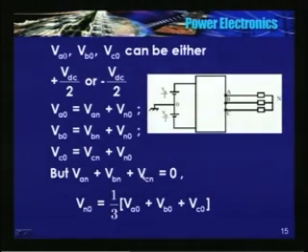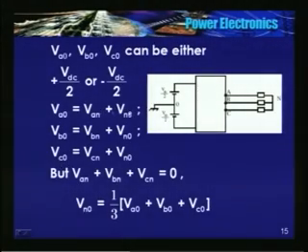So now I found an expression for VNO in terms of VAO, VBO and VCO. So I substitute this value in these equations, and I can get expressions for VAN, VBN and VCN in terms of VAO, VBO and VCO.